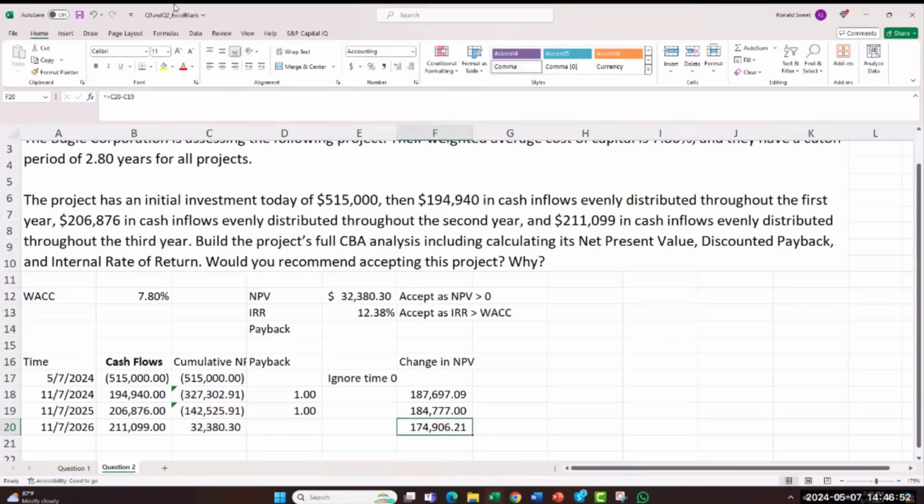The only number we need is this very last one. So what we're asking is we started with a deficit of 142,000. We added 174. So you needed to go 142,000 into that. So here you just do equal minus your deficit divided by how much net present value you added.